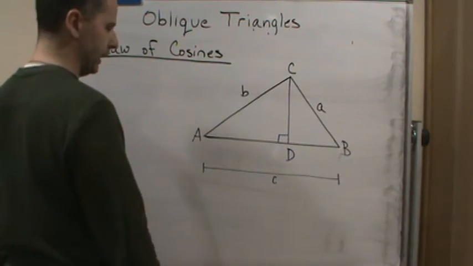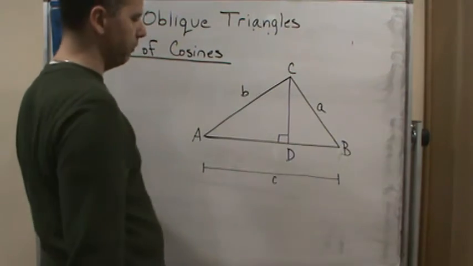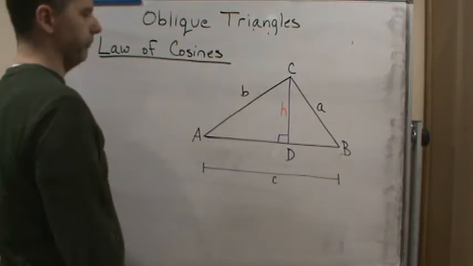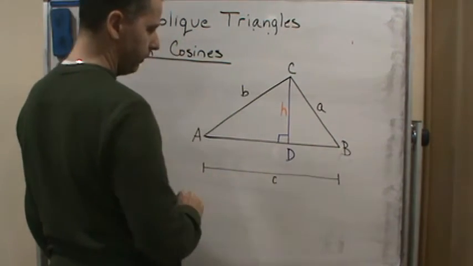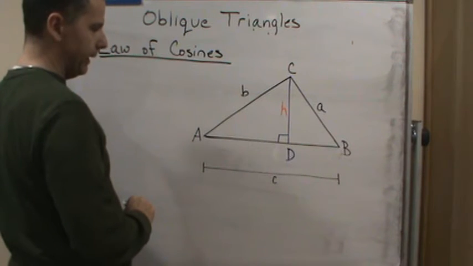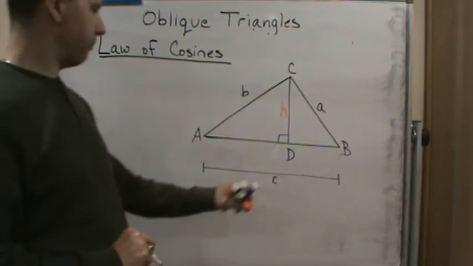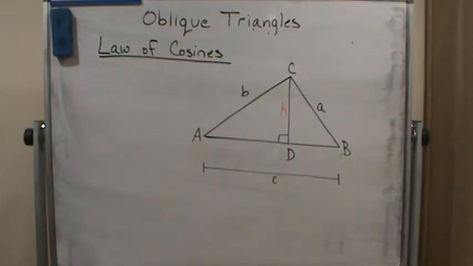It's a perpendicular line segment, or the altitude of the triangle. And so we'll label this h, the height of the triangle. Well, we've got to represent these two distances somehow.